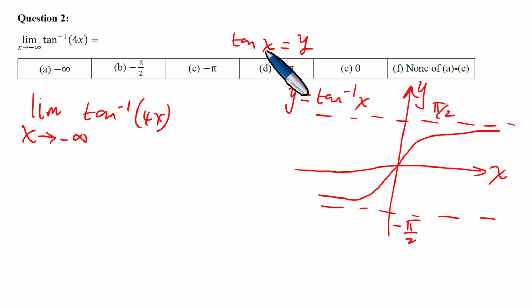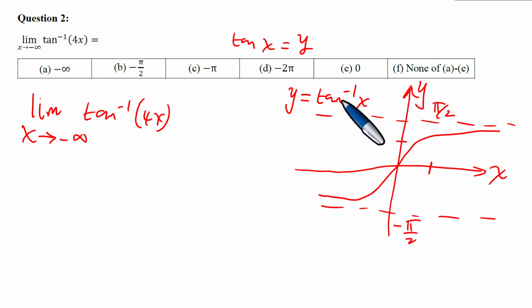You know very well that it is undefined at given numbers. Where is it undefined? At pi over 2, it is certainly undefined, but also at minus pi over 2, it is surely undefined.